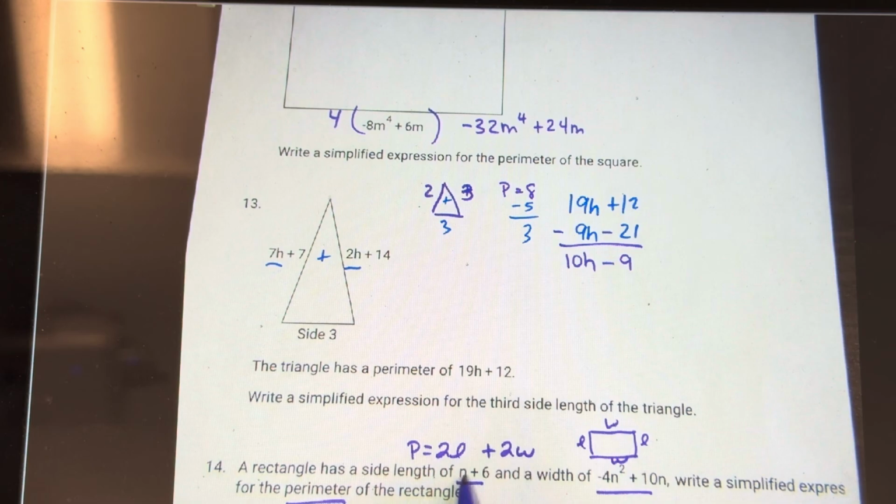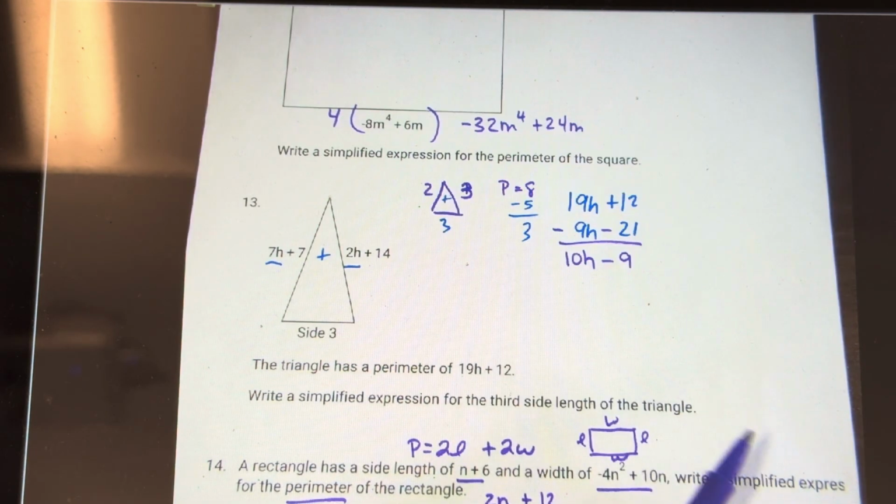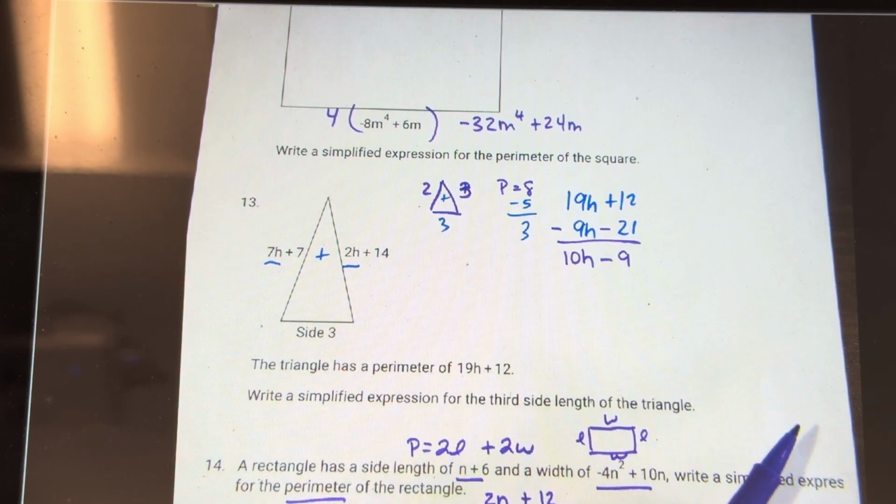So 2 times n is 2n. 2 times 6 is 12. And notice these are not all like terms. So 2 times negative 4 is negative 8n squared. So I'm going to put that on the left because it's not an n. And 2 times 10 is 20.